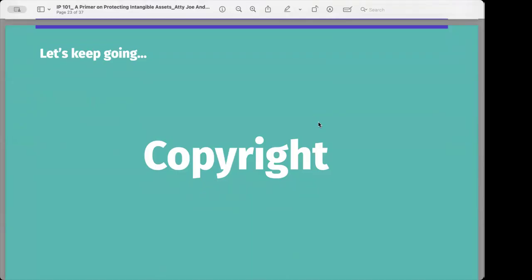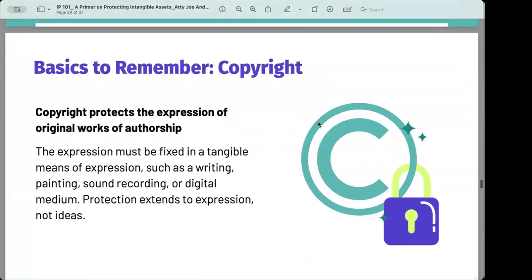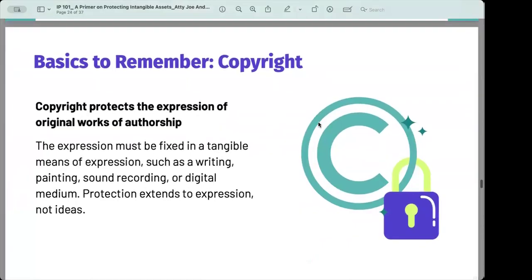from trademarks to copyrights. Copyrights are the expression of an idea. So the patent protects the idea itself, right? The invention, the design, whatever it is, the idea. Copyrights protect a specific expression of that idea. And it has to be original. It's called an original work of authorship.